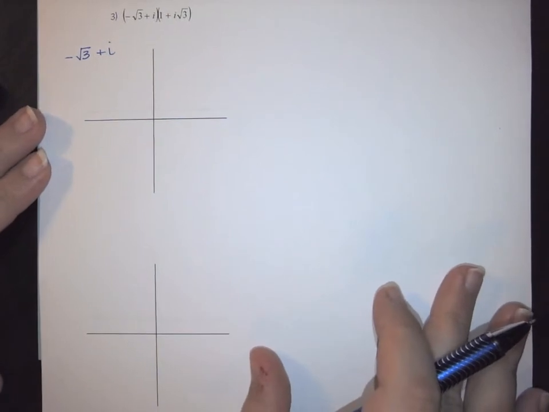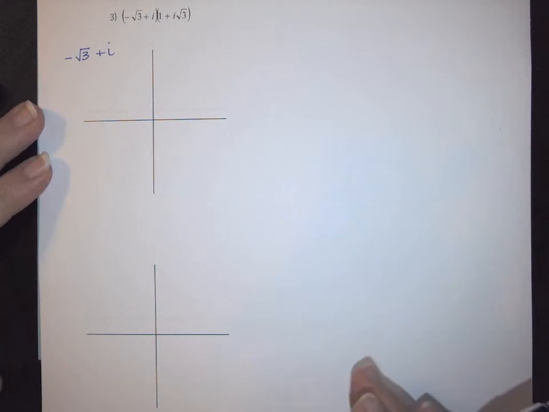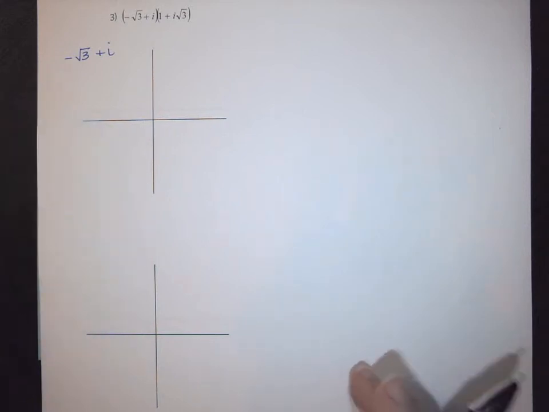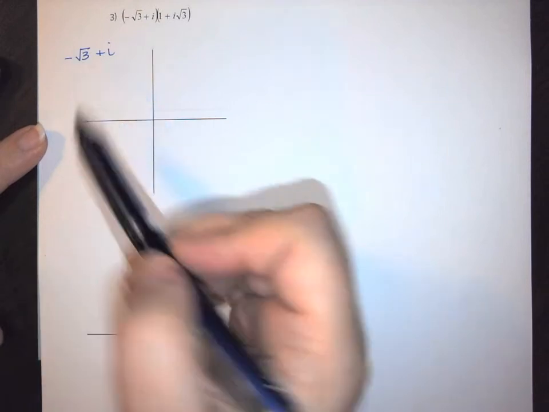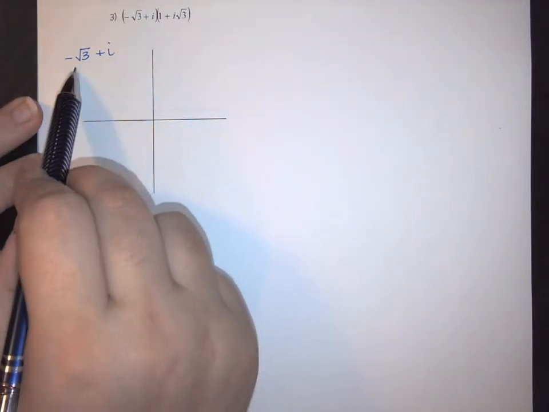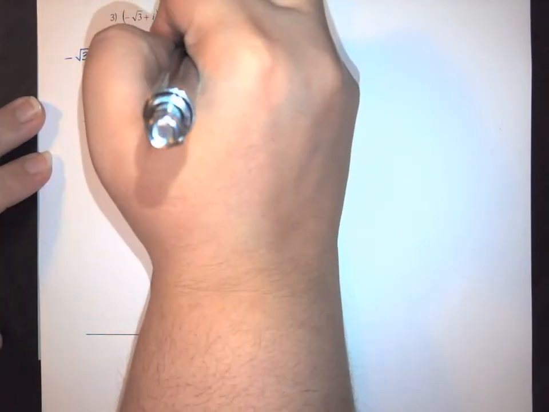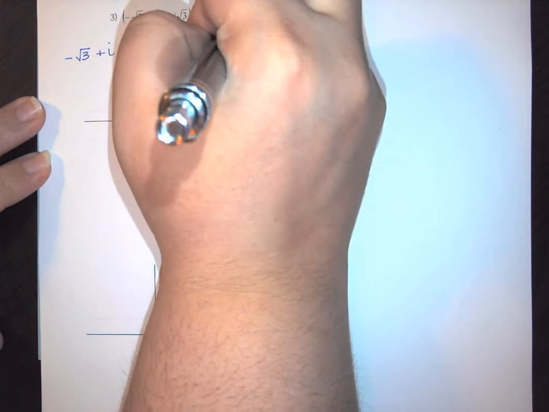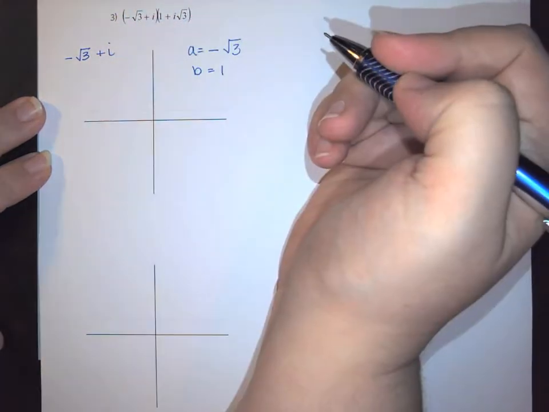So in this case, we have the negative square root of 3 plus i, and we have to translate that into our triangle here. This is going to end up being in the second quadrant, because my a is going to be negative square root of 3, and my b is going to be 1.